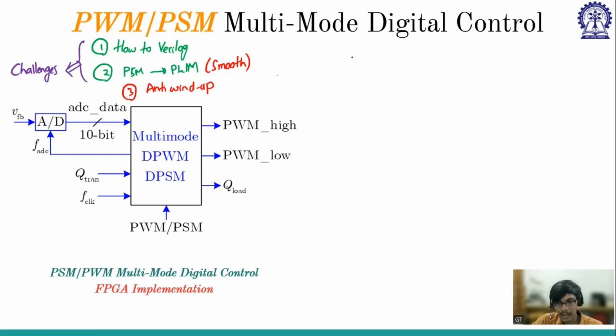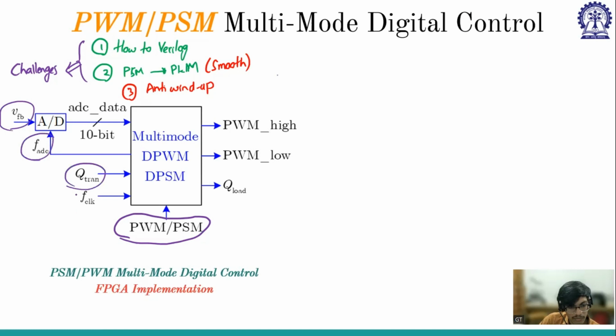So the first aspect is there should be some bit which decides whether it is PWM operation or PSM operation. And the entire thing is similar to the voltage mode control. The input is V feedback, FADC, Qtran, F clock, here PWM high, PWM low, and this is for the load step transient.